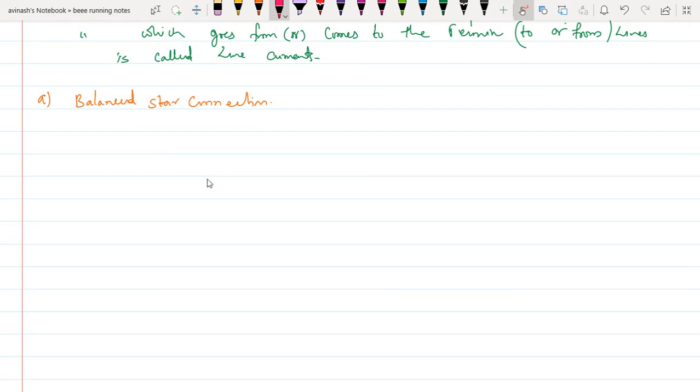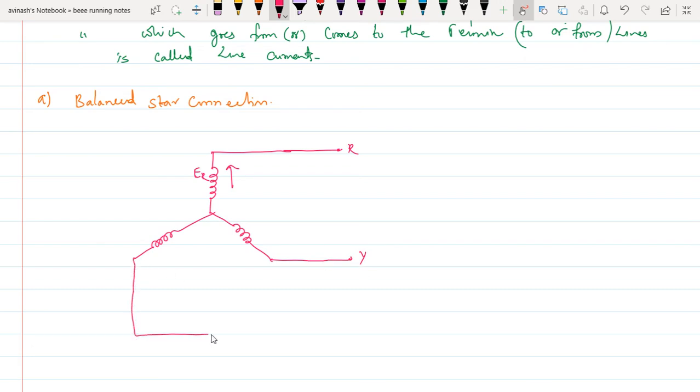Let me draw the circuit here, with windings like this. This will be the R phase, having the voltage ER. This will be the Y phase with EY, and this will be the B phase with EB.